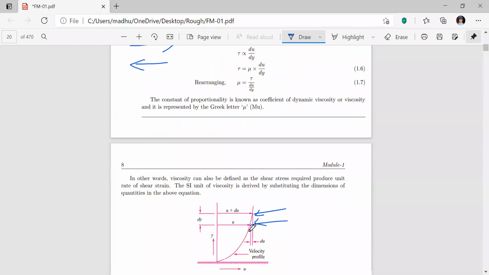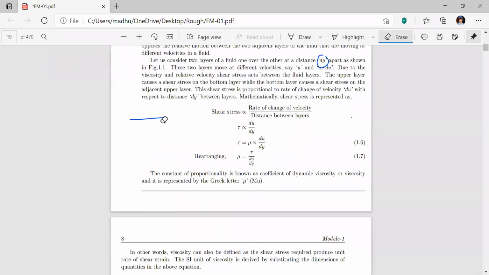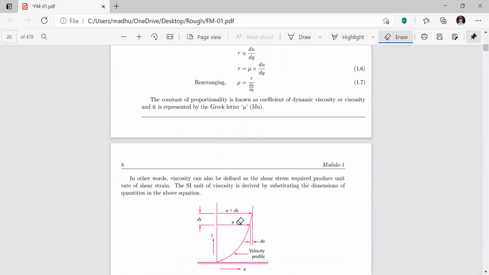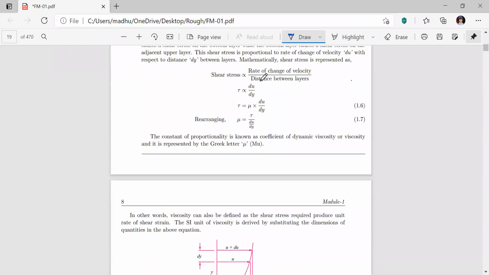Now you see that one layer is having the velocity u and another layer is having the velocity u plus du. So what is the change in the velocity? Here it is u, here it is u plus du, so the change in the velocity is nothing but du. Now, what is the distance between the layers?